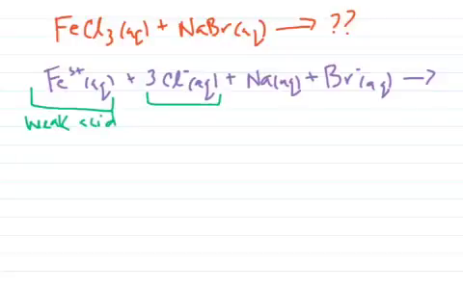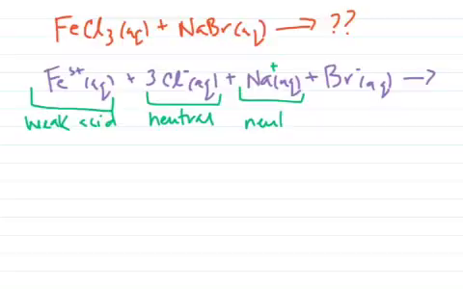Now, chloride comes from hydrochloric acid, which is a strong acid. This means it's neutral. Sodium, oops, forgot the positive. Sodium is a group 1, so it's neutral. And bromide comes from hydrobromic acid, which is a strong acid, so that means it's neutral as well.